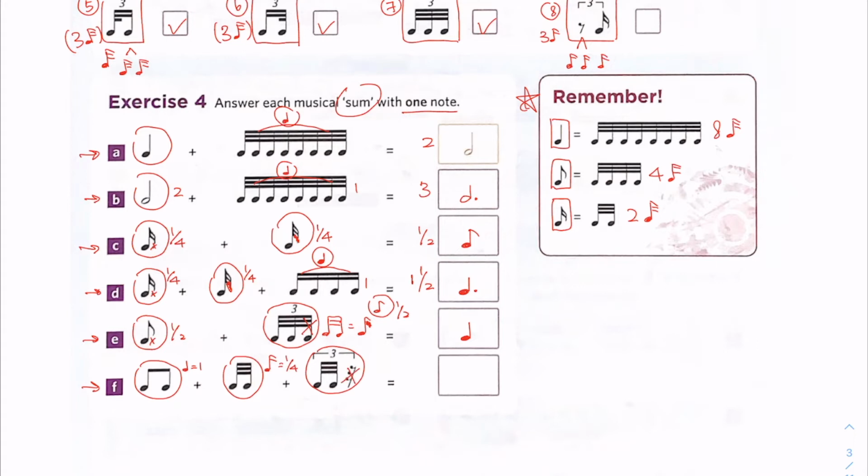So there are now 2 demisemiquavers, which is the value of 1 semiquaver, which is the same as a quarter. So 1 plus a quarter means 1 and a half. So we can use a dotted crotchet here.